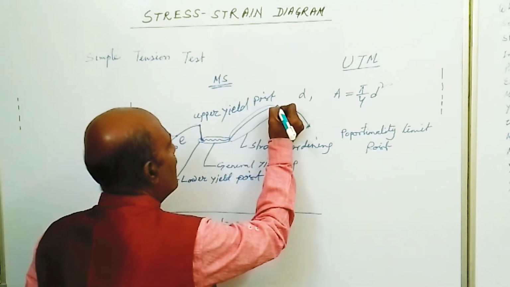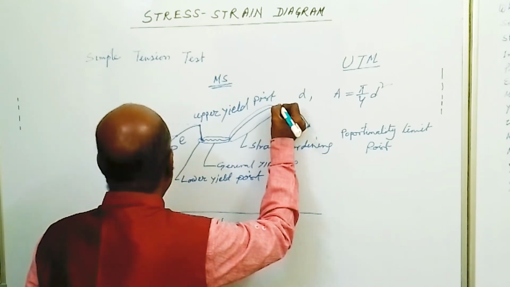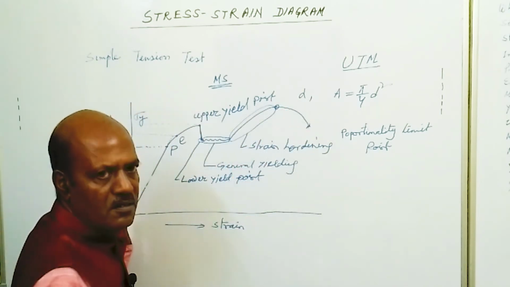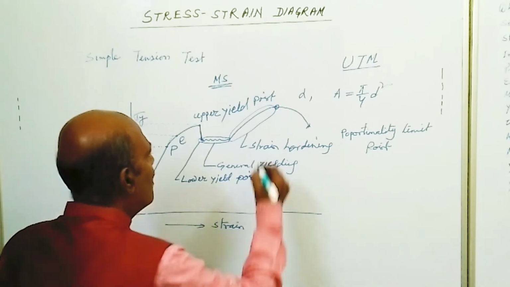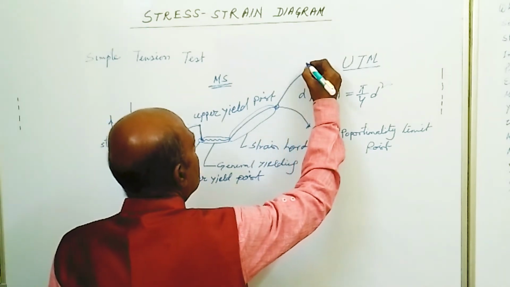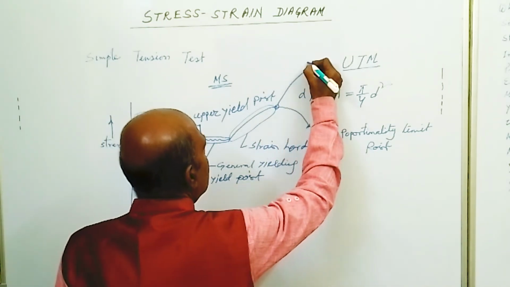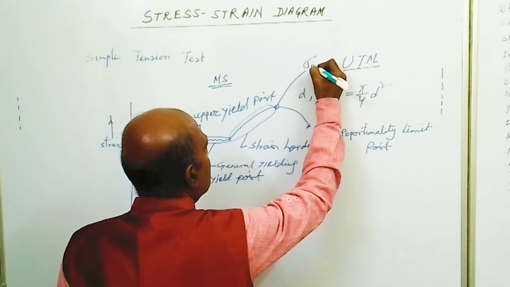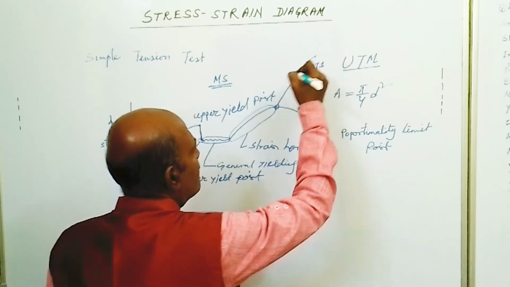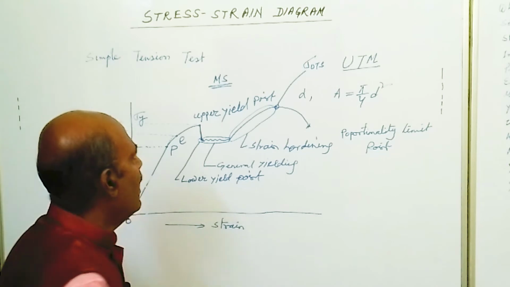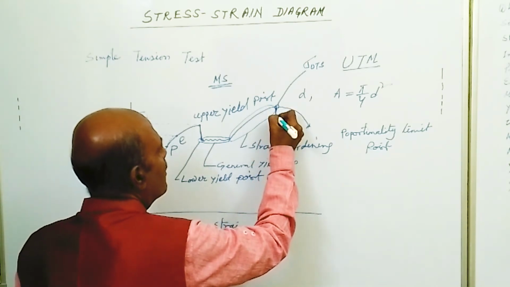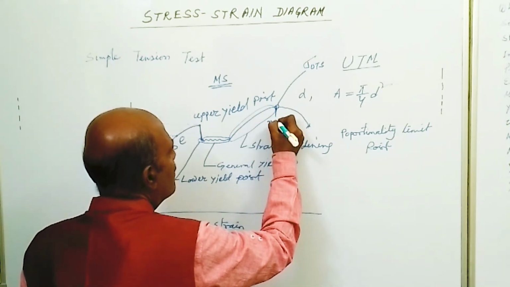And this is the maximum stress seen in this curve, and this is called the ultimate tensile stress, that is sigma UTS. Thereafter, at this point, a phenomenon called necking takes place.